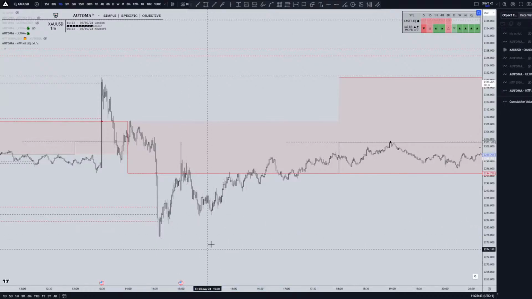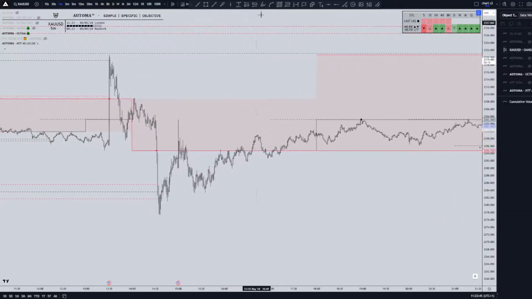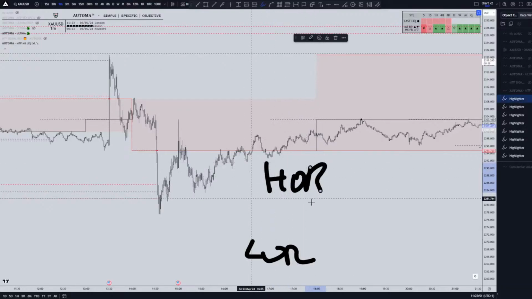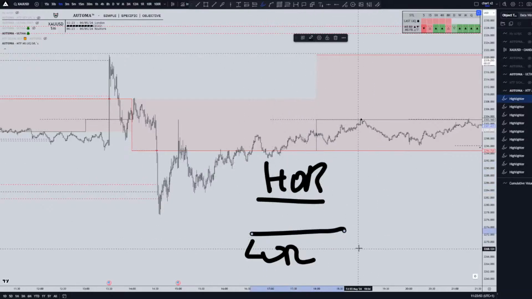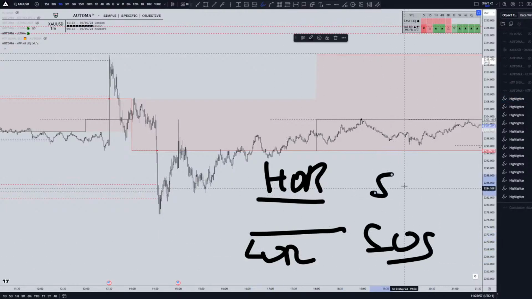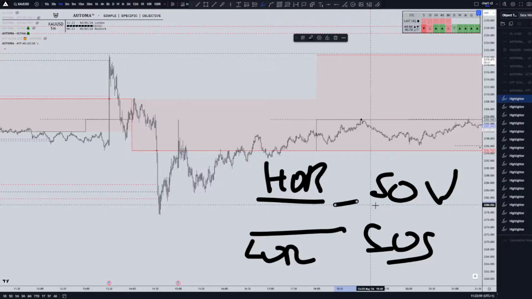On 4 hour, as you know guys, in Automa we focus on the low of the range, high of the range, and objective sequence for sign of strength of the low of the range, sign of strength of the high of the range. And you have two ways to read that.